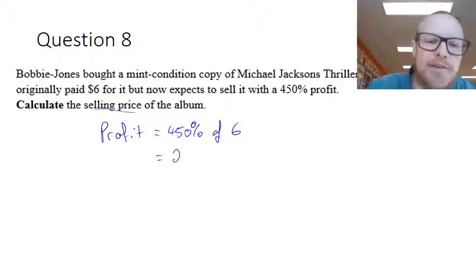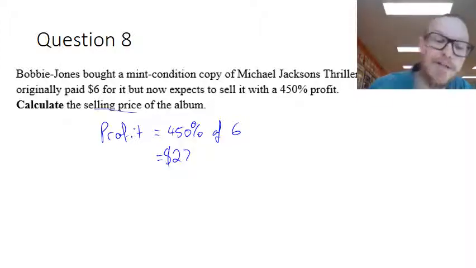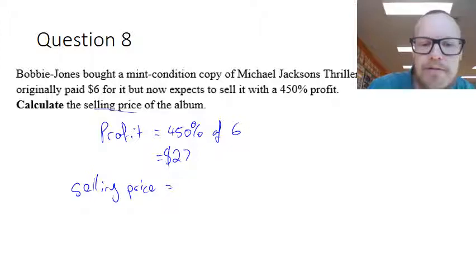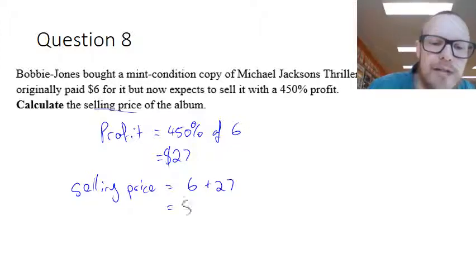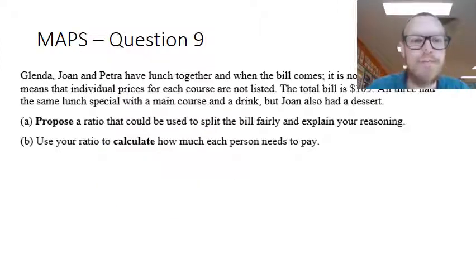So that is going to be $27. She receives $27 profit. So that means her selling price is going to be that original amount, that $6 plus the $27. $33 is how much she will expect for the selling price of the album.